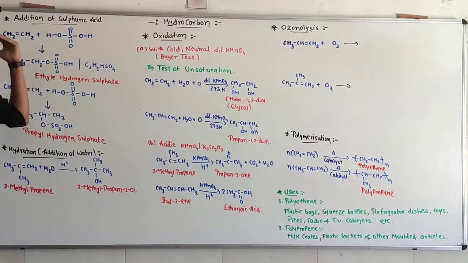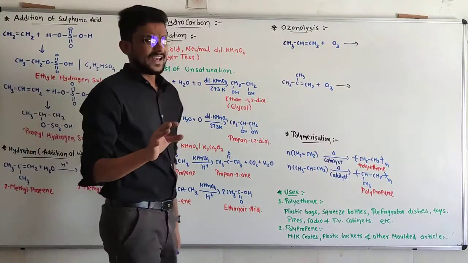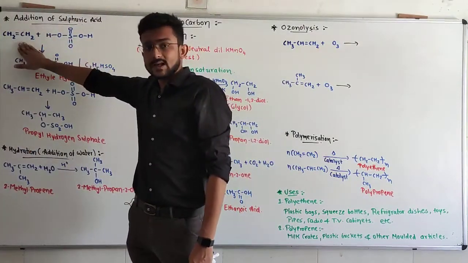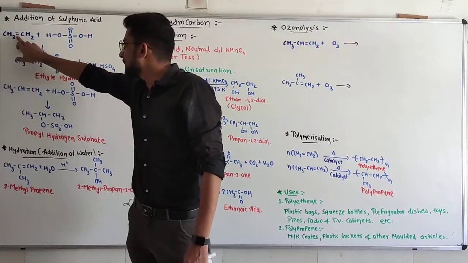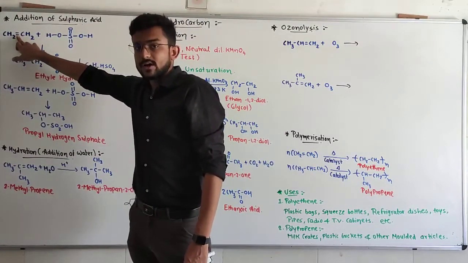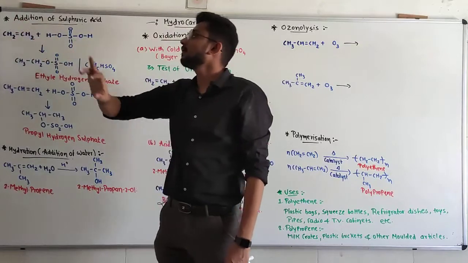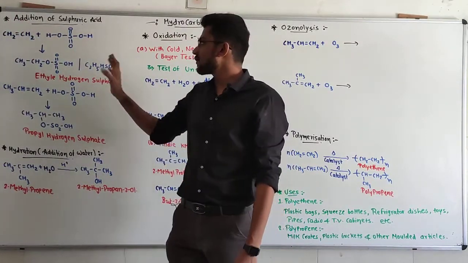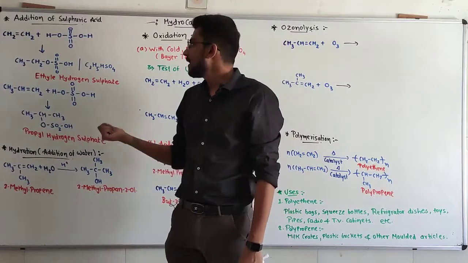But before we discuss the addition of sulfuric acid, all these reactions are addition reactions. Now what is an addition reaction? It is simple: we have an unsaturated compound, an alkene. We simply break a pi bond and add some groups on both of the carbons. That is called an addition reaction.